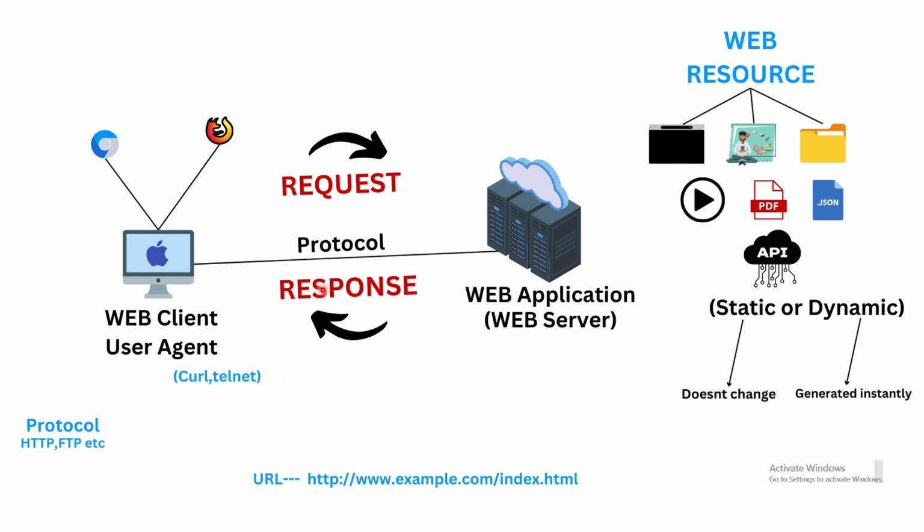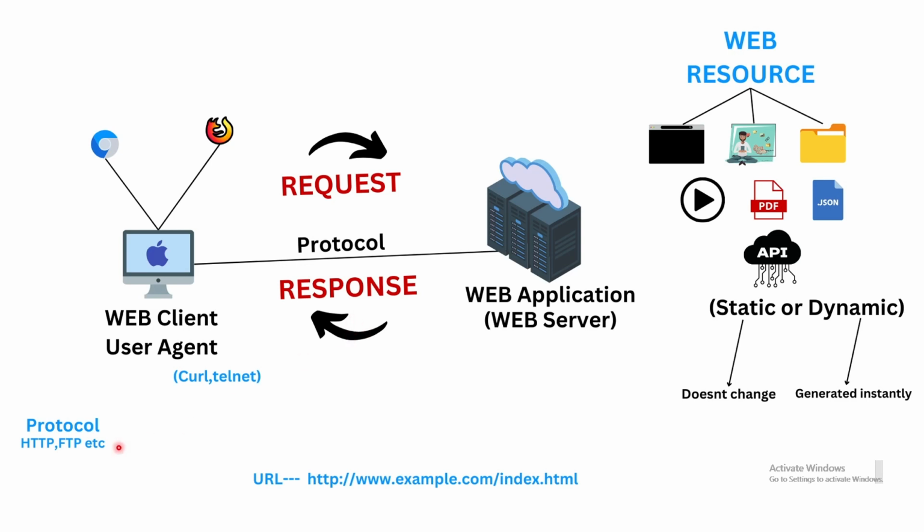To communicate with each other, both sides use the same sort of rules, which is called a protocol. Some standard protocols are HTTP, FTP, etc. Each of these protocols is suitable for different kinds of tasks.